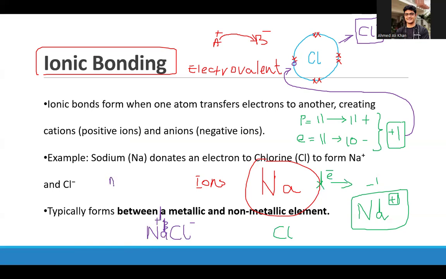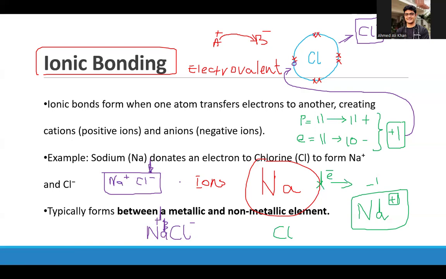Sodium is Na plus and chloride is Cl minus. So right here we have a positively charged sodium ion and a negatively charged chloride ion, and together they make an ionic bond.